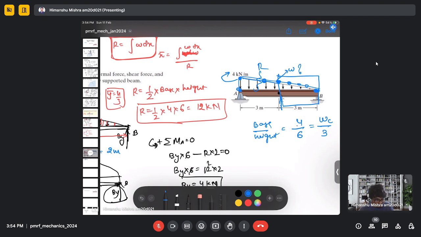So this is my base at A, which is 4, and WC is my base at point C, and 6 is my overall height from point A, and 3 is the height from point C to B. So my WC will be 2, and WC is 2 kilonewton per meter.